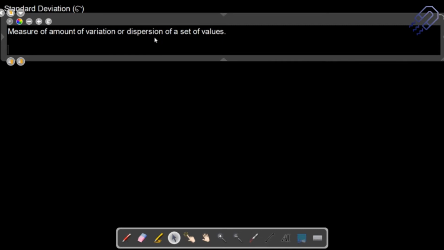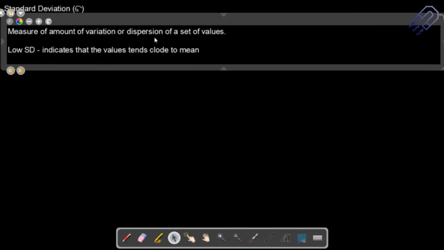What happens is that if we have a low standard deviation, SD, a low value would be good for any kind of statistical result because it indicates that the values tend to be close to the mean.